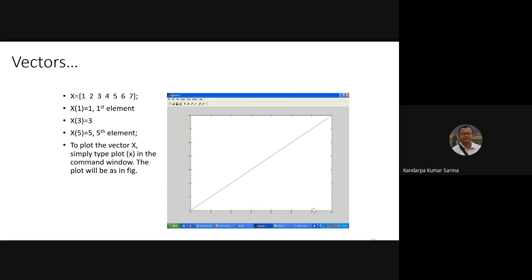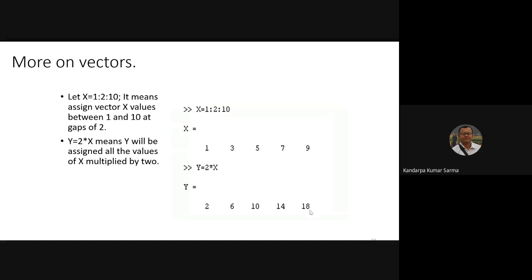So a straightforward way to generate a graph can be to call in the built-in function plot of x, that will generate a graph. Now the same graph in C or C++ might take say 2,000 lines of code writing. So here in MATLAB, it's quite simple, 2 lines of code to generate a graph.